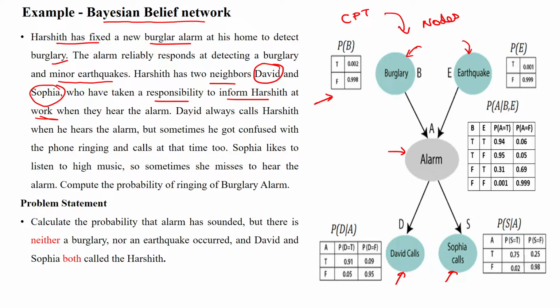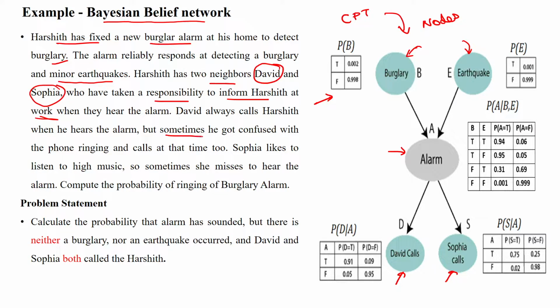Harshit cannot hear the alarm when he is at the workplace, so David and Sophia will call Harshit if there is an alarm ringing sound.